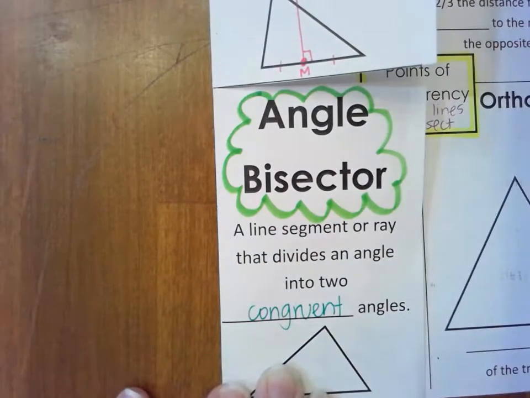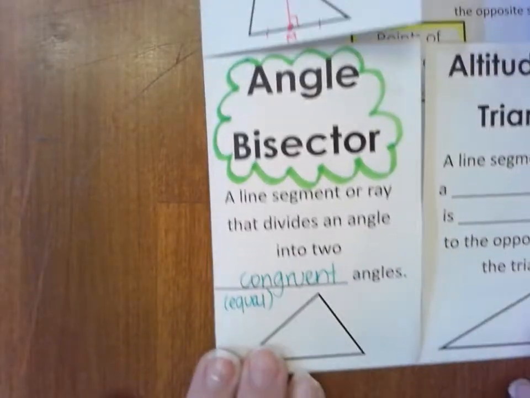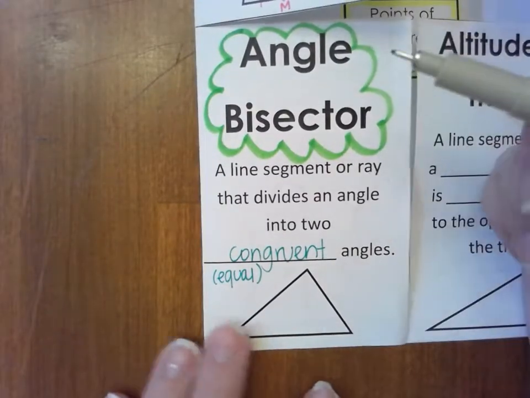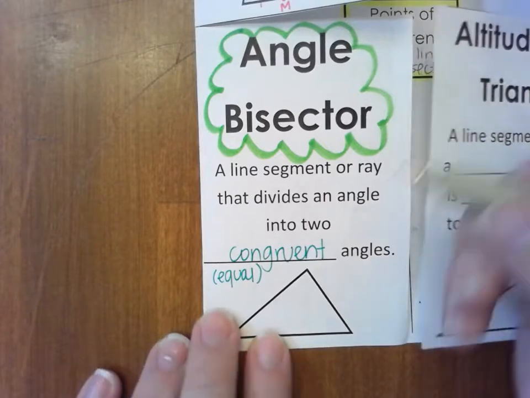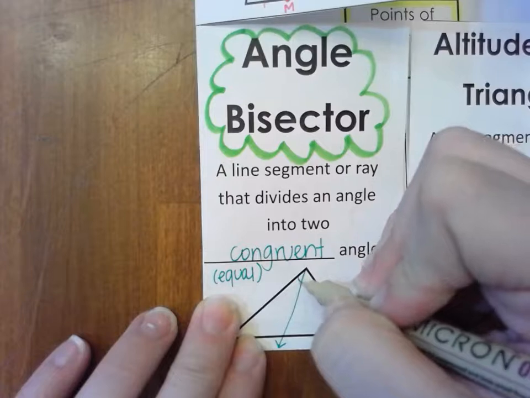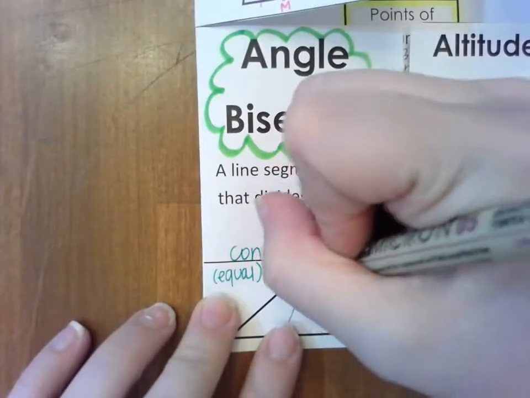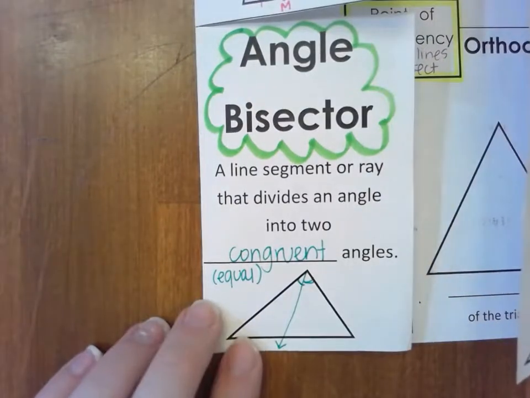And remember, congruent means that their measures will be equal. So that could be this line right here, making these two angles congruent. That would be an angle bisector.